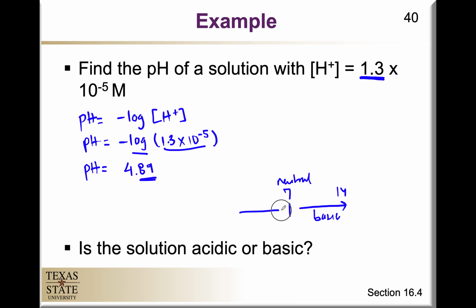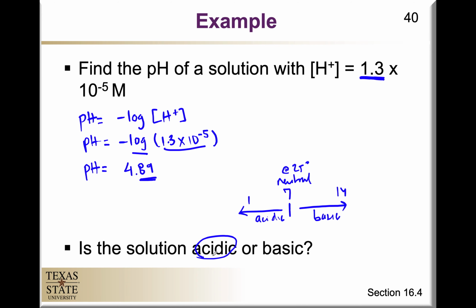On the other hand, to the left, we had smaller values of pH, let's say to 1 or beyond, and that was an acidic solution. Basically, any pH that was less than 7, if we were talking about 25 degrees Celsius, would be acidic, and any pH greater than 7 would be basic. So in this particular case, obviously this is less than 7, therefore that makes it an acidic solution.